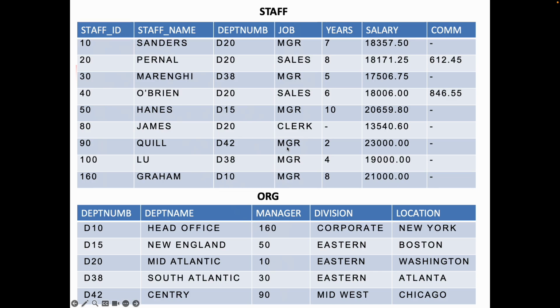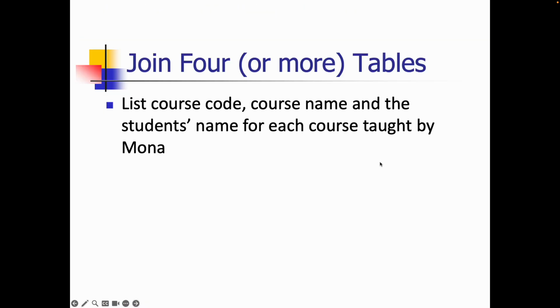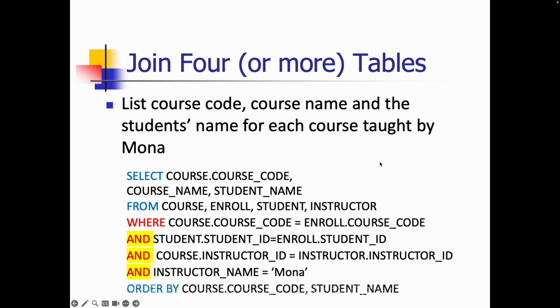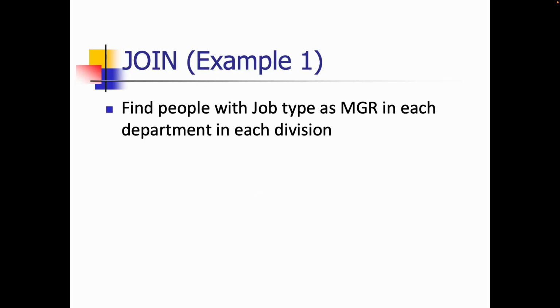Now you can join staff and organization based on department number, which is a common field and is also a foreign key, but you can also join them based on manager and staff ID, which is another common attribute. So this is what was explained in this slide here.